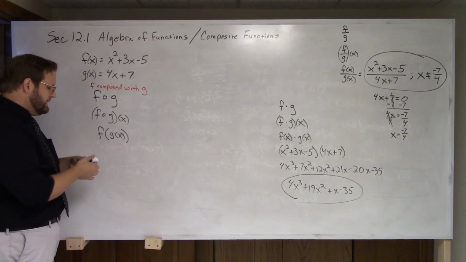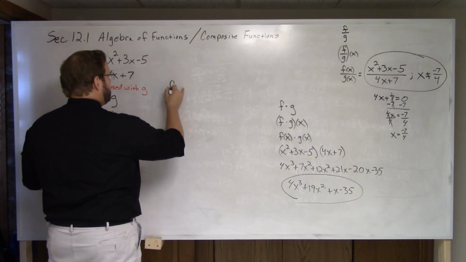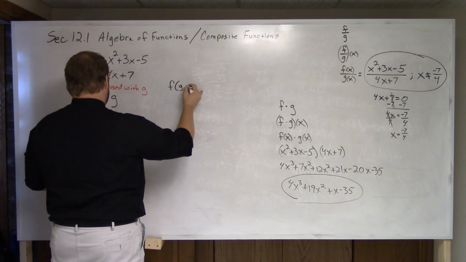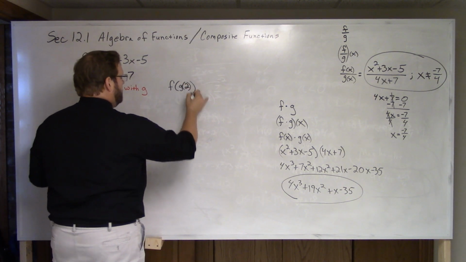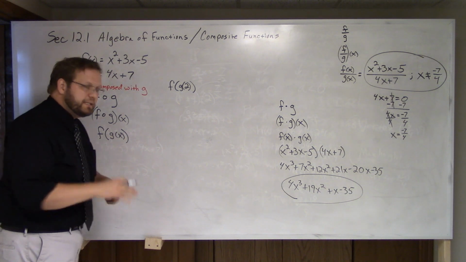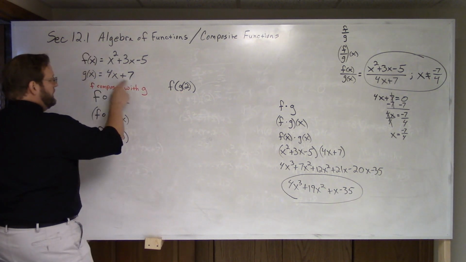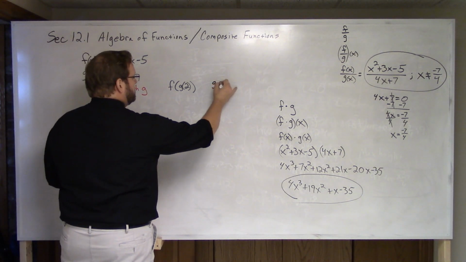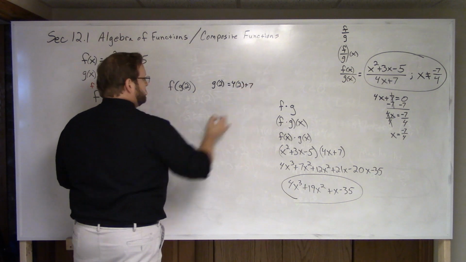Okay, so let's say I ask you for f of g of, let's say 2. Again, just the basic fundamental way of doing it, I plug a 2 into g. If I go find g of 2, that's 4 times 2 plus 7.